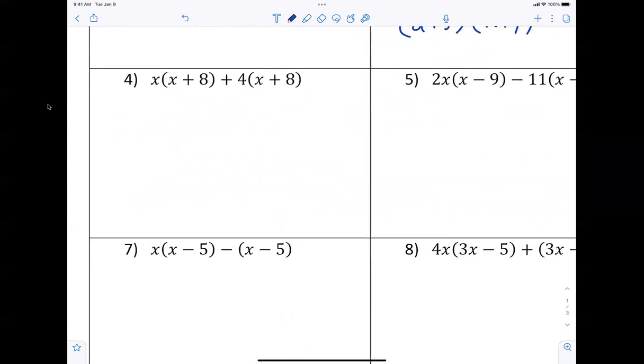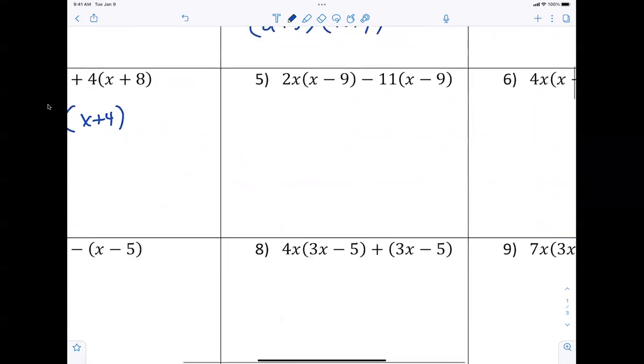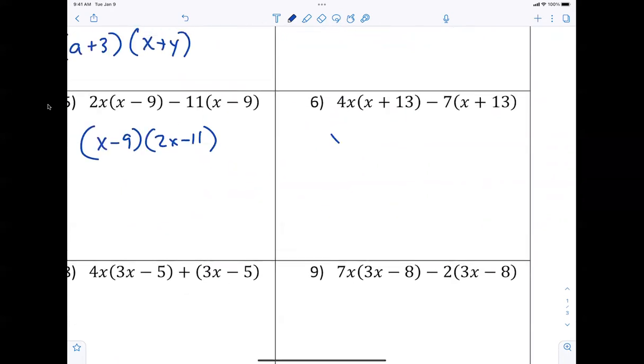Number 4. Evan, number 5. Let's just get it done. So far, so good. X plus 13, 4x minus 7. Wow. There we have it.